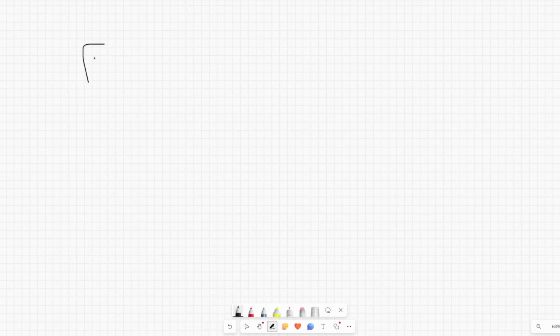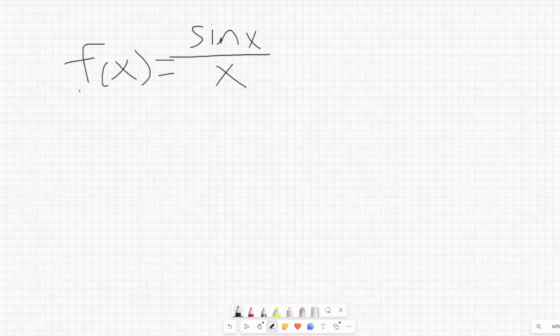So f of x is equal to sine x over x. Okay, now here we want to use the quotient rule because it's a fraction. So f prime of x will be equal to, so the derivative of sine x is cos x.